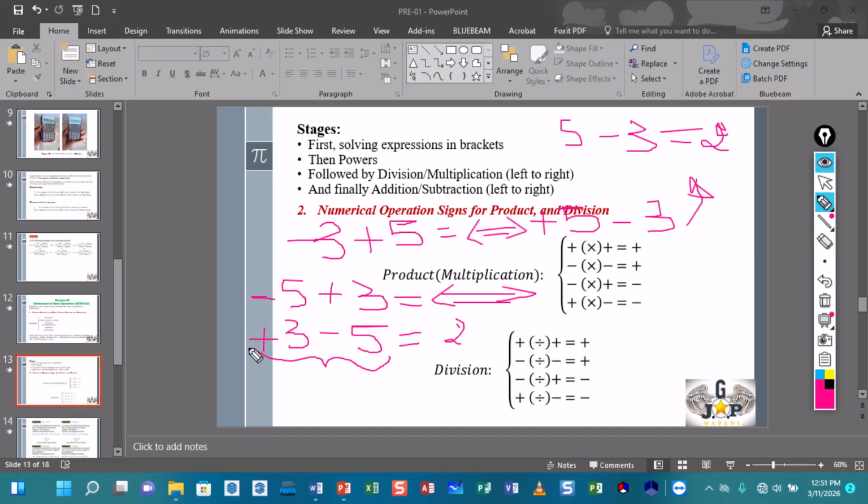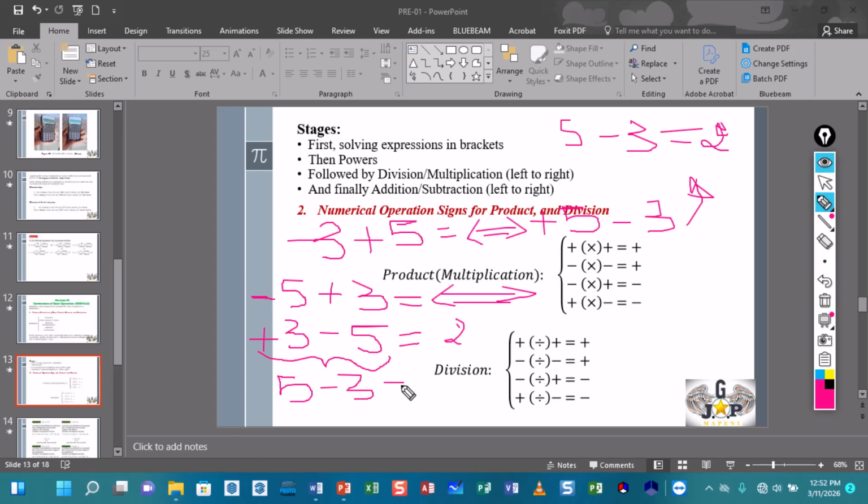So when you have something like this, I know that this is the bigger number, this is the smaller number, and the bigger number has the negative sign attached to it. I'll write 5, and I will swap the signs. It's like I'm just solving 5 minus 3.